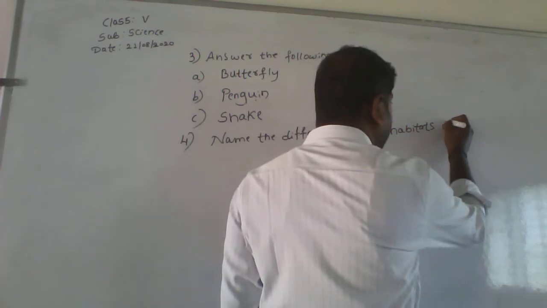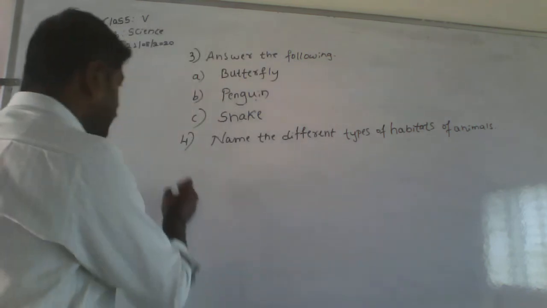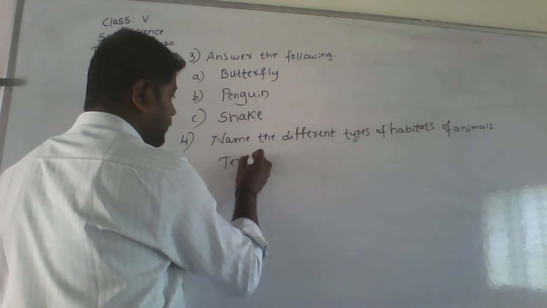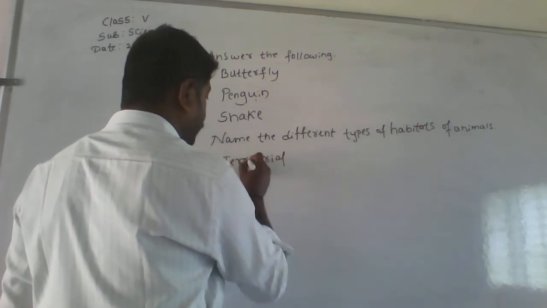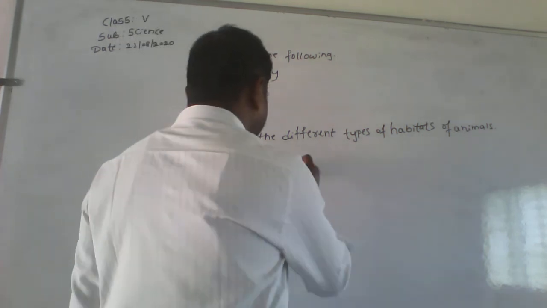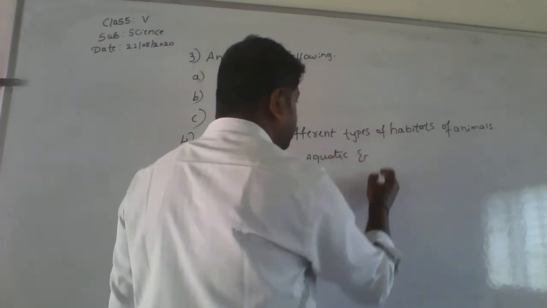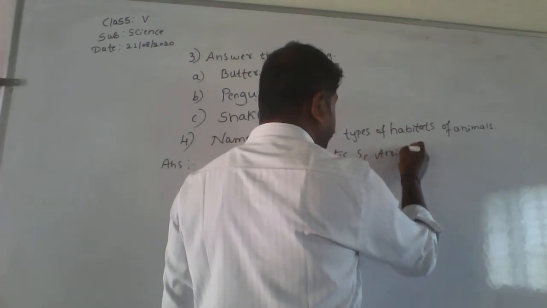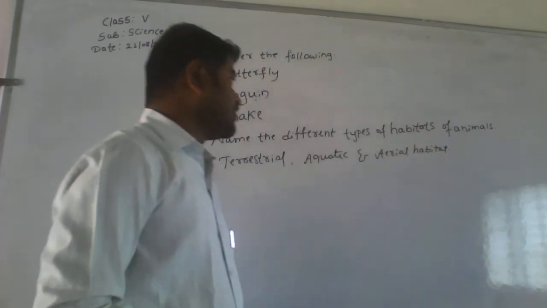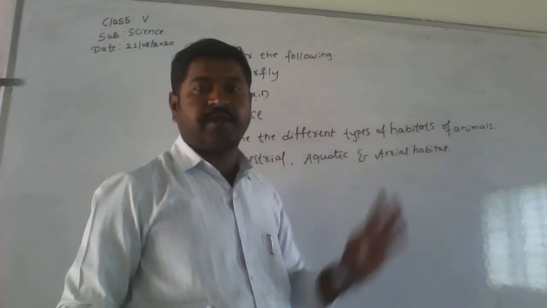Answer is, one is terrestrial habitat, and aquatic habitat, and last aerial habitat. So these are the different types of habitats of animals.